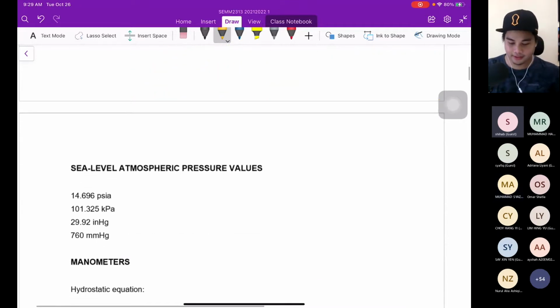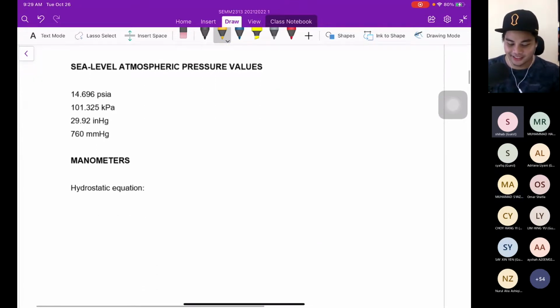Very good. So this is sea level atmospheric pressure. Remember that our Earth has a sea level, which means we are surrounded by the atmospheric pressure. So how do we set the reference line?